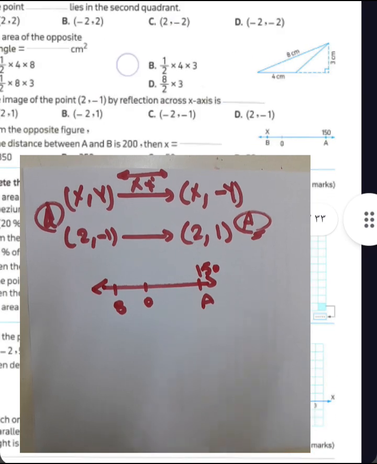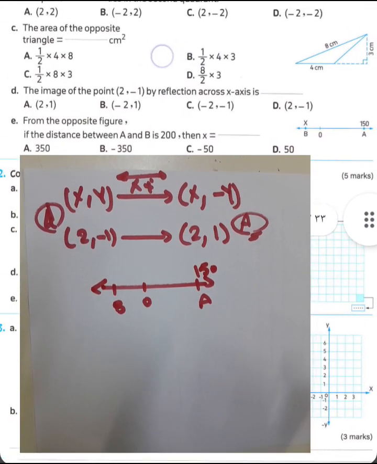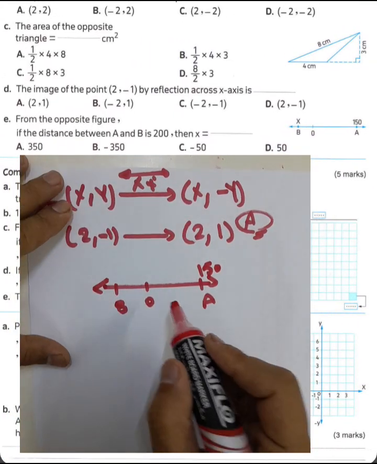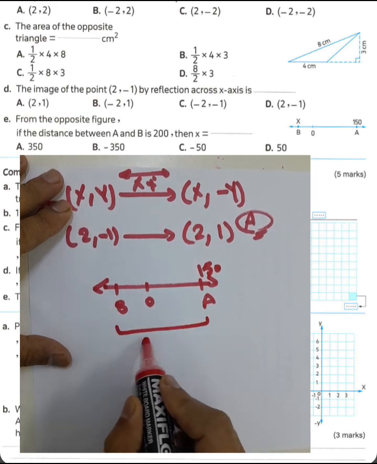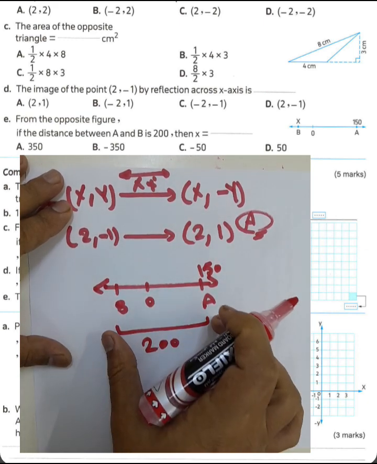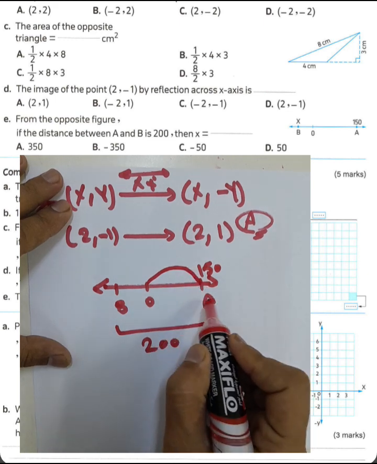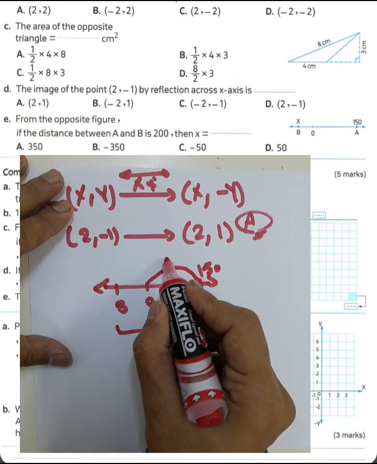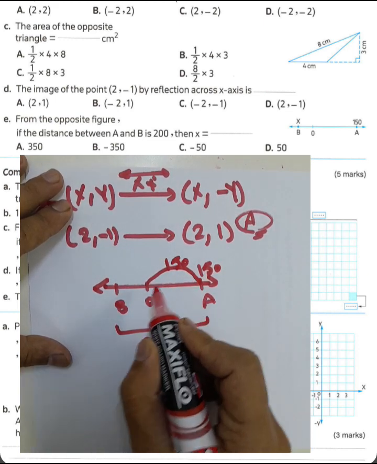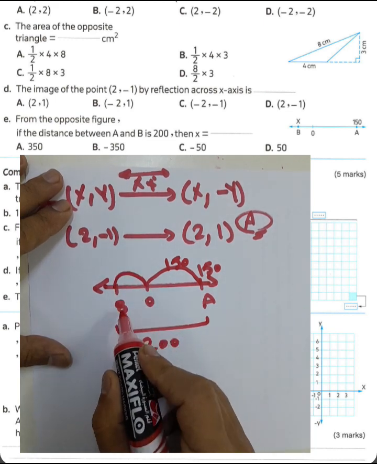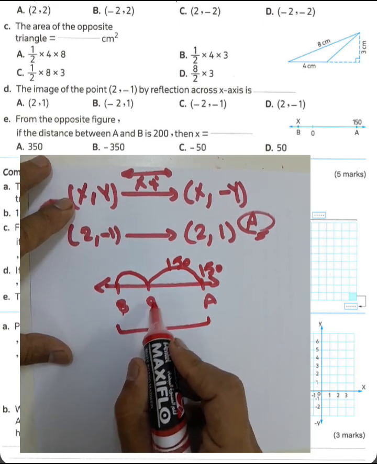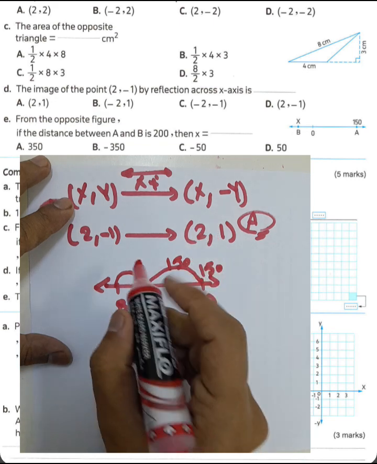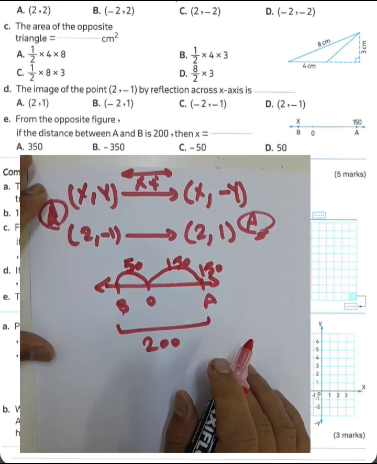He gives us the distance between E and B. We have a number line with B, 0, and E, and here 150. The distance between E and B is 200, and from 0 to E the distance is 150. Then the distance between B and O is 200 subtracted by 150, which is 50.